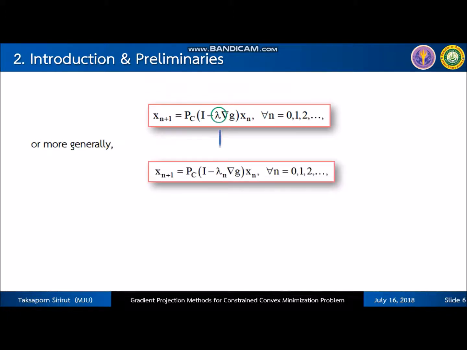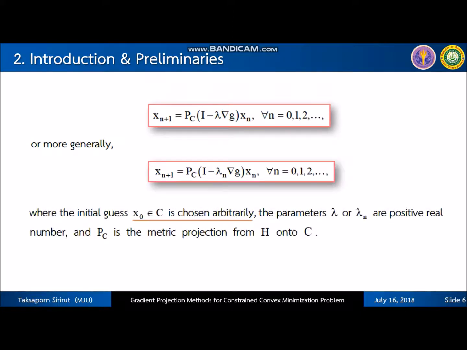Or more generally, we change lambda to lambda n, where x0 in C is chosen arbitrarily. The parameters lambda or lambda n are positive real numbers, and PC is the metric projection from H onto C.